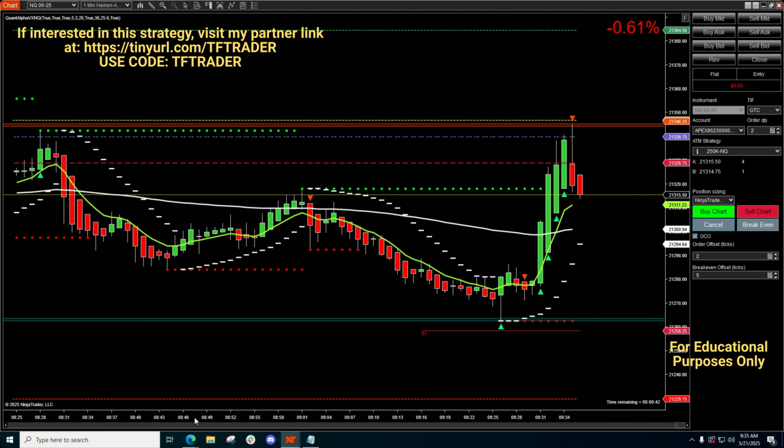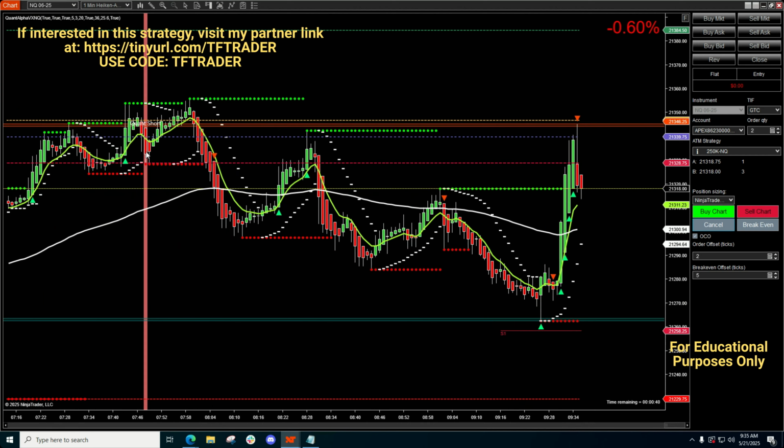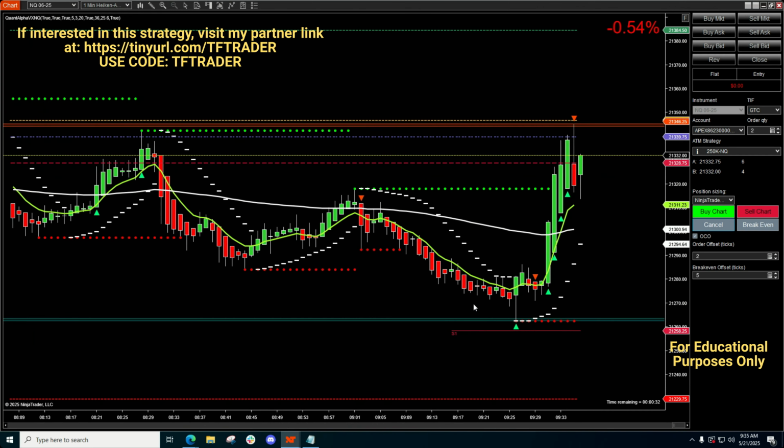Again, an S2 is you have an invalid S1, which we had here, and you get a high volume that closes below the 100. So right now it doesn't look like we're doing that.